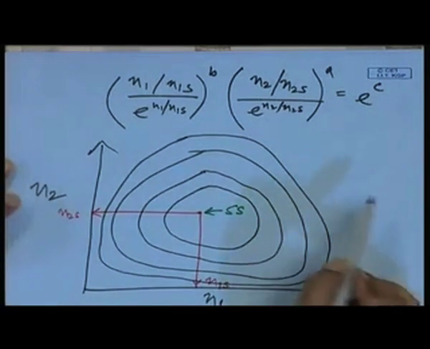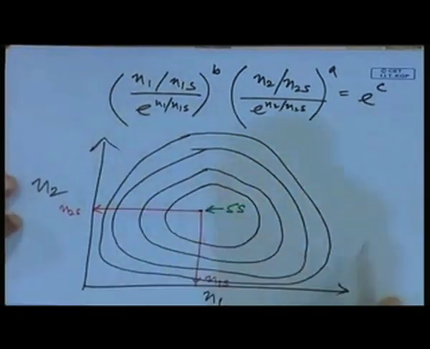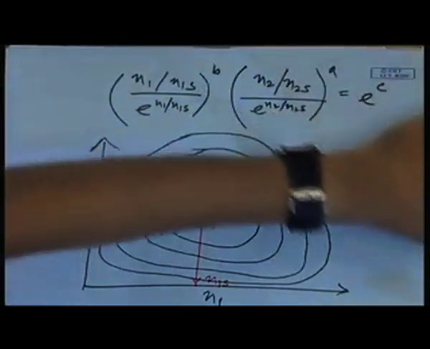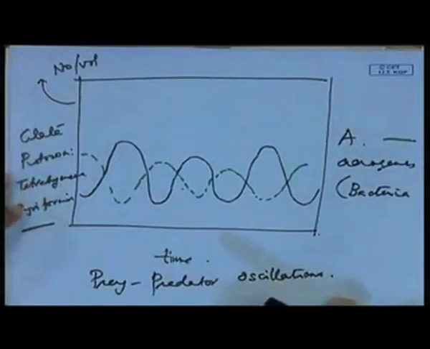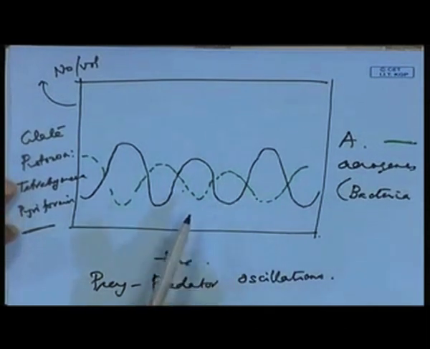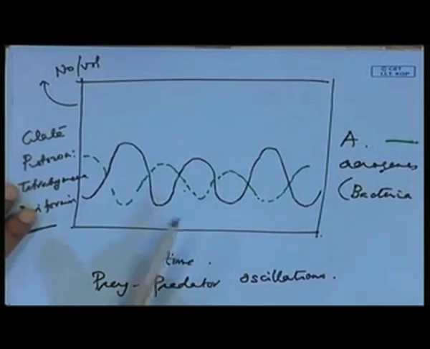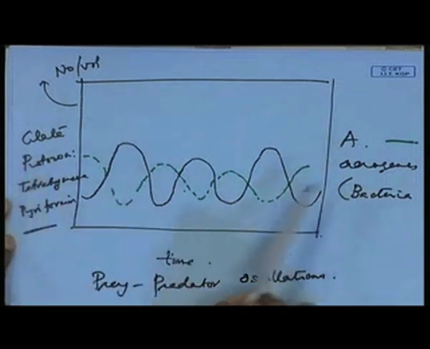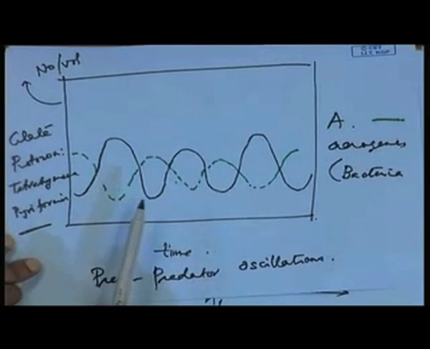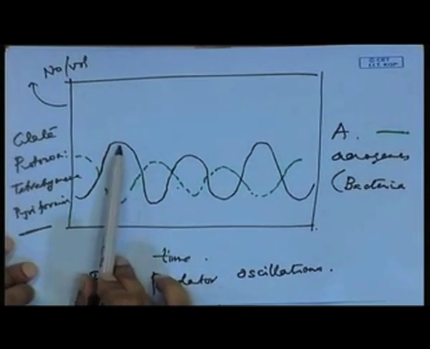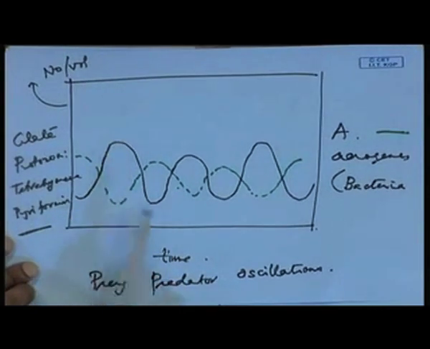What are these? These are sort of limit cycles, so they are going in cycles again and again. And if I go back to one of the earlier plots, the prey-predator oscillation, this was how it looked in the variable space. If I plot n1 and n2 over time, this is how it would look. And if I plot them against each other, look at this: when this is maximum, this is minimum.